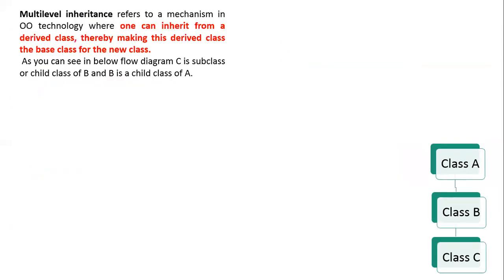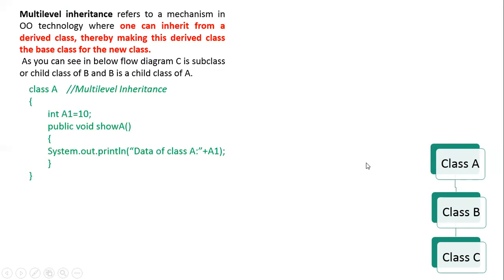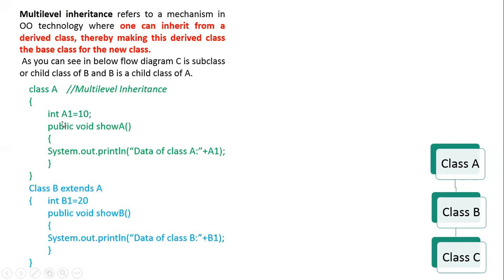Now next comes multi-level inheritance. This multi-level inheritance implements the concept of grandparent, parent and child. So here class A is inherited by class B, which is inherited by class C. So class C indirectly has inherited the properties of class B as well as of class A. Here class A has a variable and a method, and class B extends class A and has its own variable and its own method.